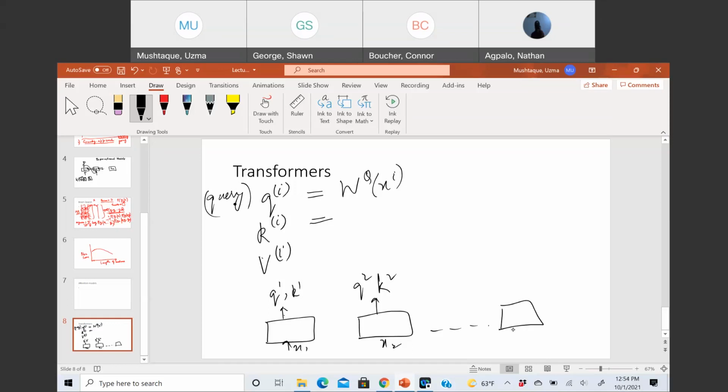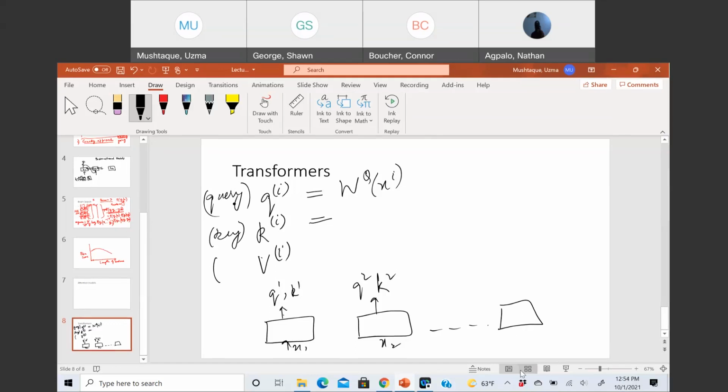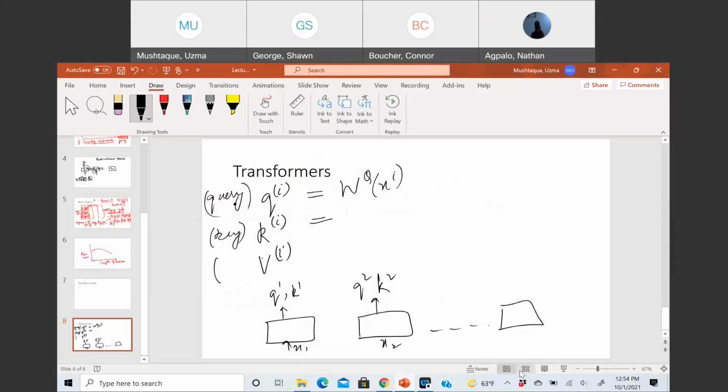And then this key is helping me answer that question. And value is the actual value based off of the key and the query. Again, this is going to be some weights K of xi, and again, this is going to be some weights V of xi.